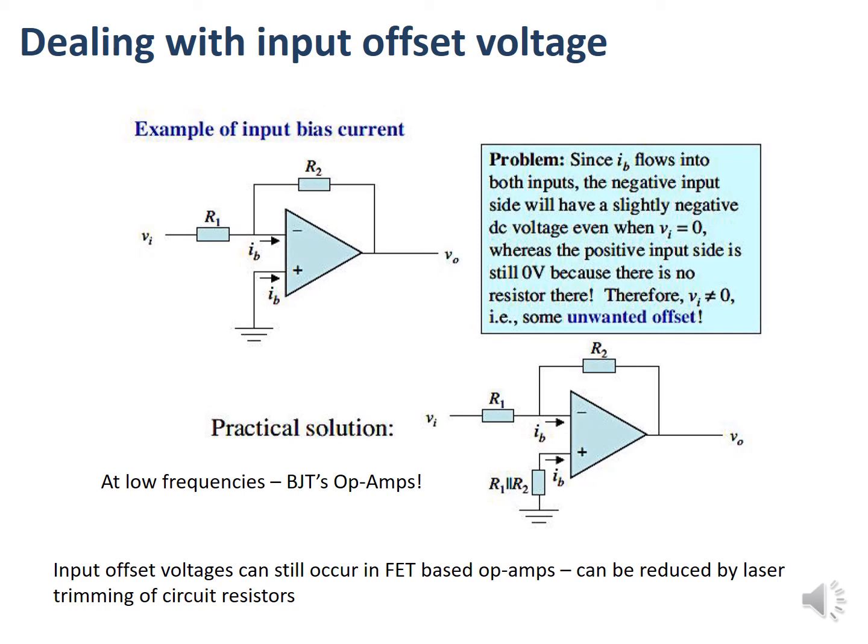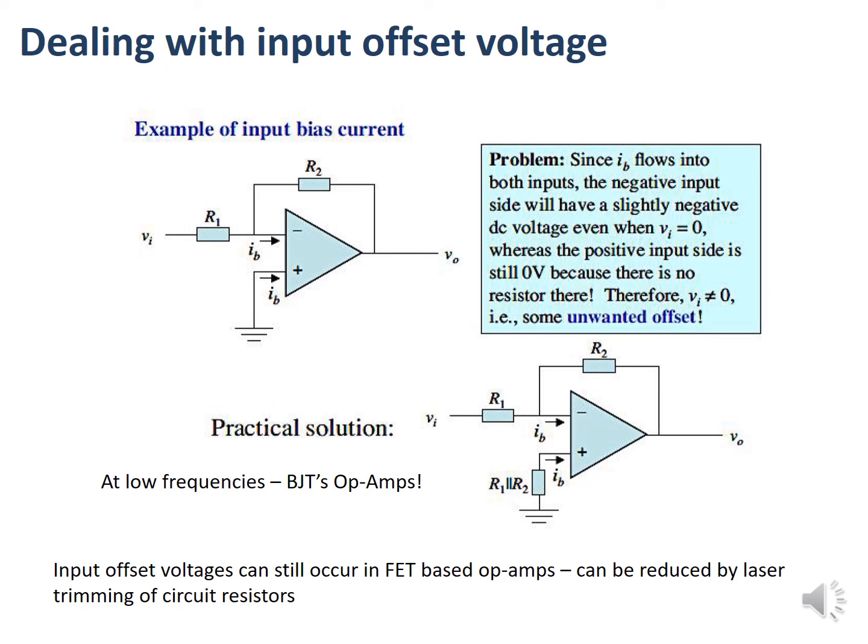Because it's a differential effect, the op-amp's a differential amplifier, it amplifies the difference between the plus and minus. The only way that I can get over that is to have a voltage at the plus side which is equal in value to that at the negative side. So I can introduce a network of other resistors which mimic the parallel effect of R1 and R2 on the positive side, and that will then reduce that offset to as close to zero as possible.